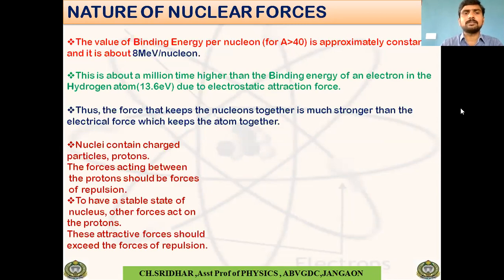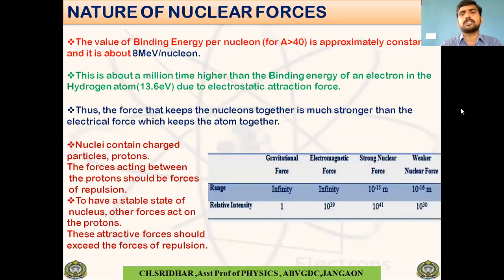If you consider the magnitude of the four fundamental forces in nature, they are the gravitational force, electromagnetic force, strong nuclear force, and weak nuclear force. The strong nuclear force is about 10 to the power of 41 times stronger than the gravitational force, and about 10 to the power of 39 times greater than the electromagnetic force.